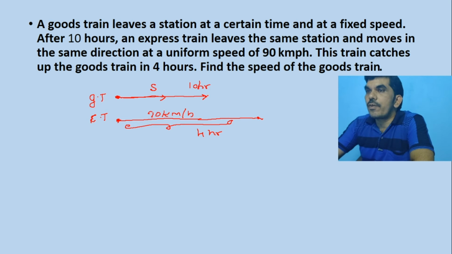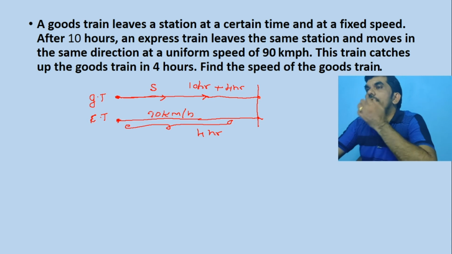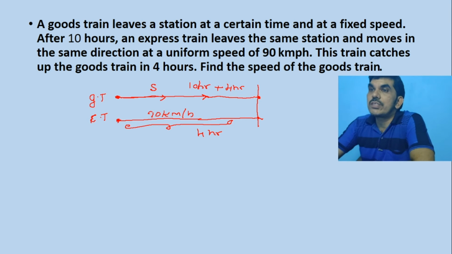That means the goods train will also have traveled 10 hours plus 4 hours. At that time the express train will meet the goods train. So the distance travelled by the express train in 4 hours is the same as the distance travelled by the goods train in 14 hours.